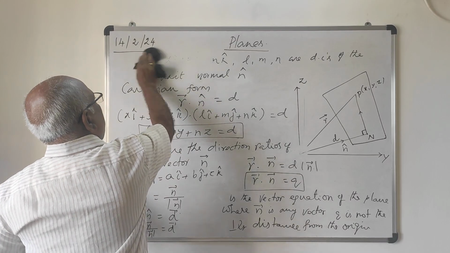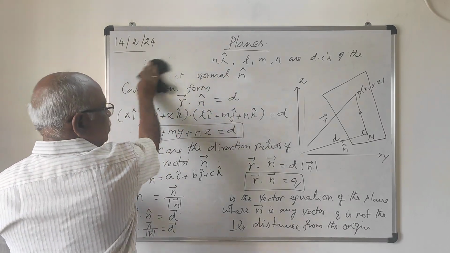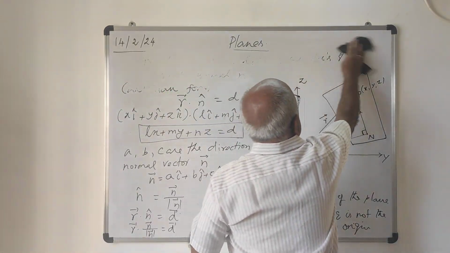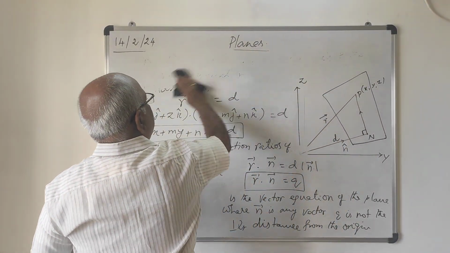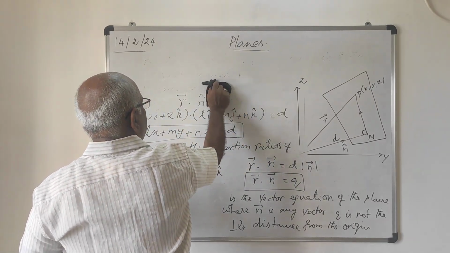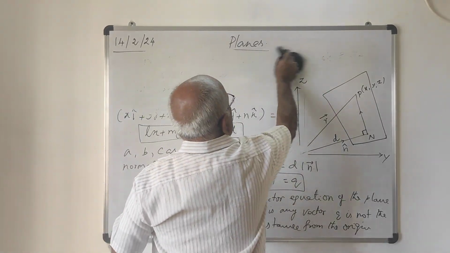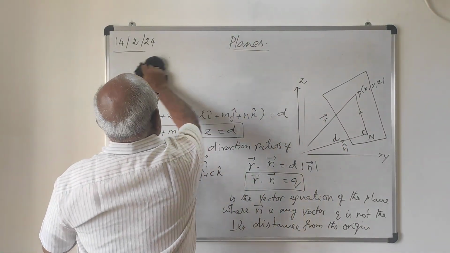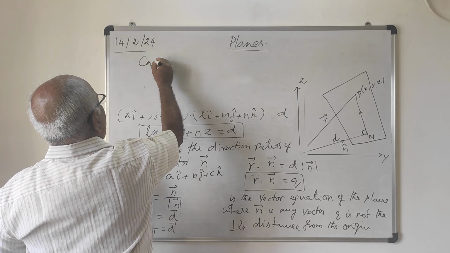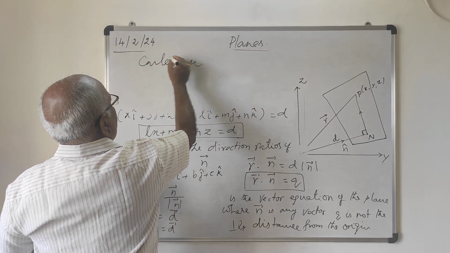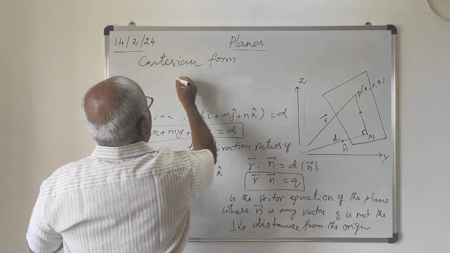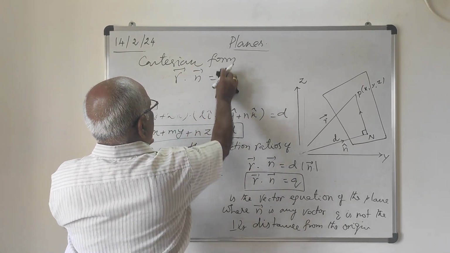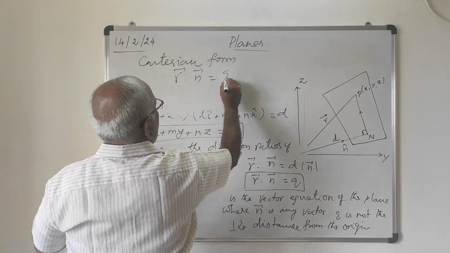Here a, b, c are the direction ratios. Now for the Cartesian form of the plane, r dot n equal to q, where d into mod n is q.